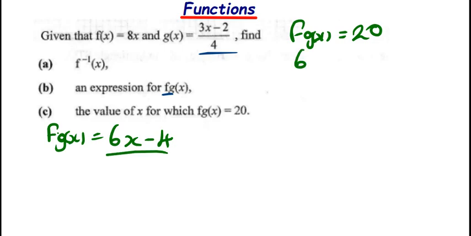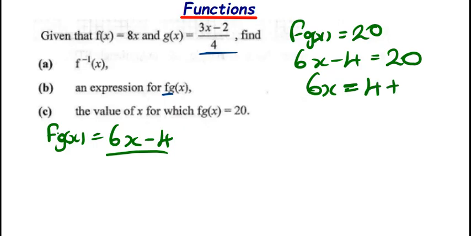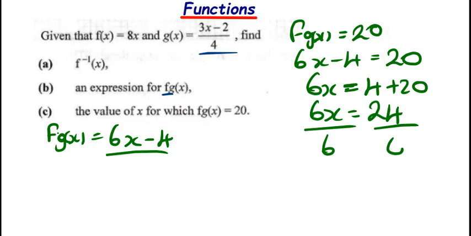So you put 6x minus 4 equal to 20. And then when you add 4 to both sides, or when negative 4 goes to the other side to be positive 4 plus 20, you say 6x is equal to 24. And then you say over 6 on both sides.